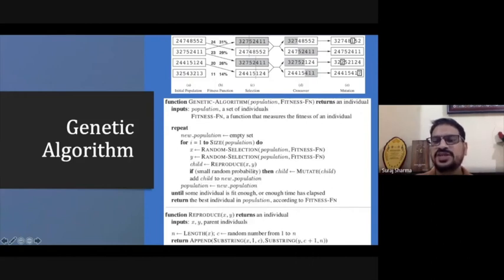In mutation, we increase the chance of getting a higher fitness function. We change some genes so that we can increase the fitness function. That's all. We randomly choose some genes.